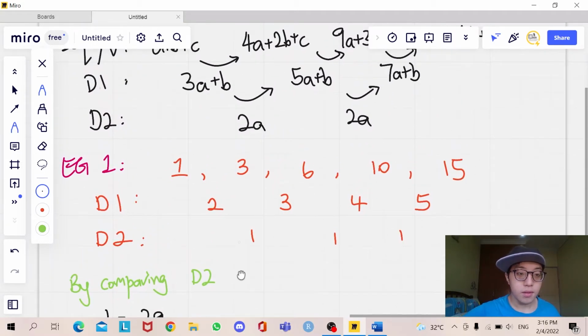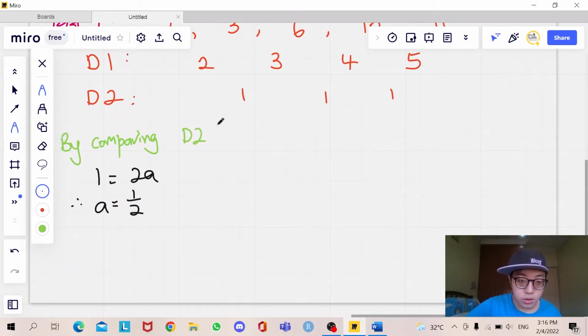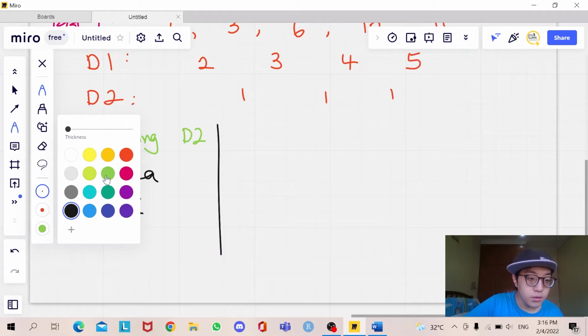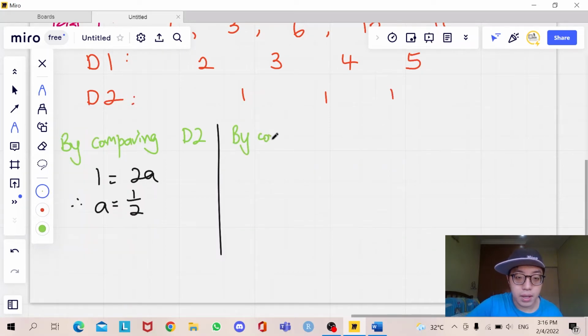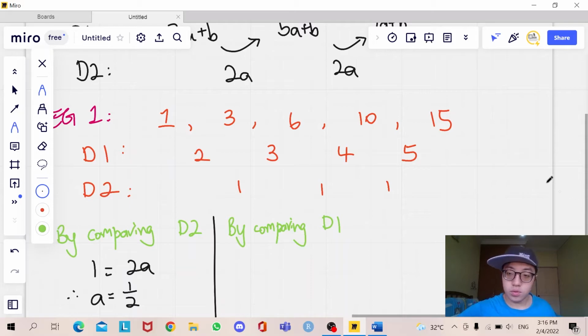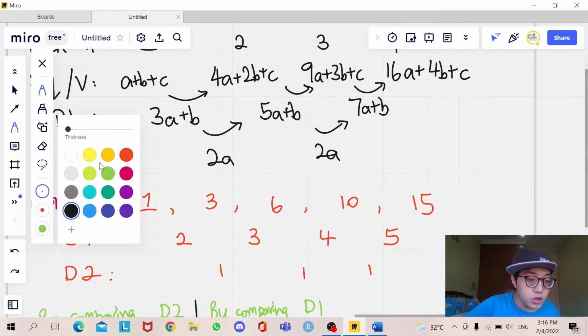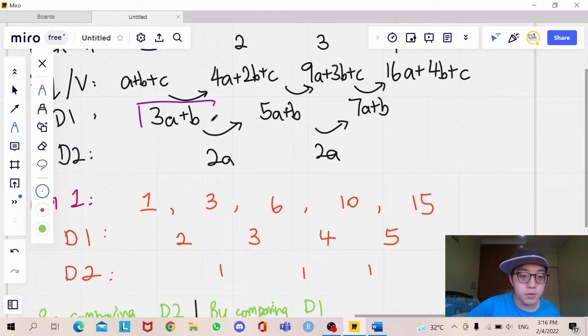Then by further comparing, let's draw a line here. By comparing D1, you can see the first term here is 3a plus b, and the first one here is 2.